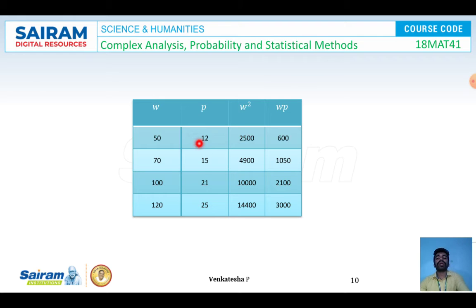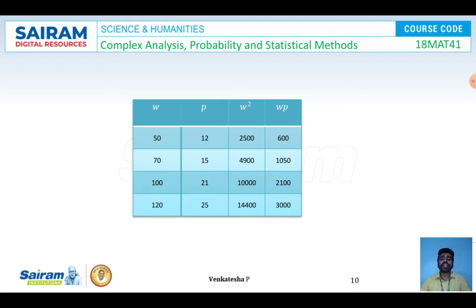P is given by 12, 15, 21, 25. Now I'm going to find W square. Squaring all the W values, I got 2500, 4900, 10,000, 14,400. W into P, multiplying W with P, I got 600, 1050, 2100 and 3000.